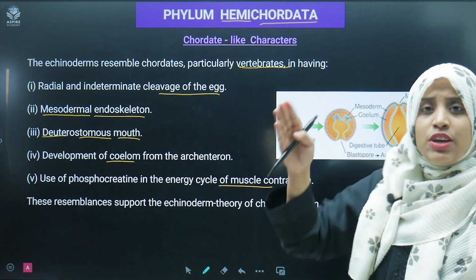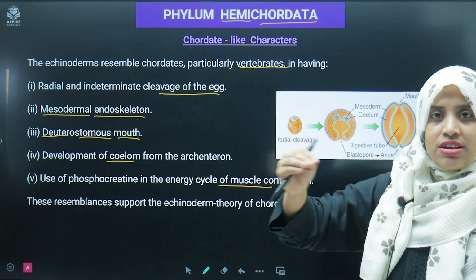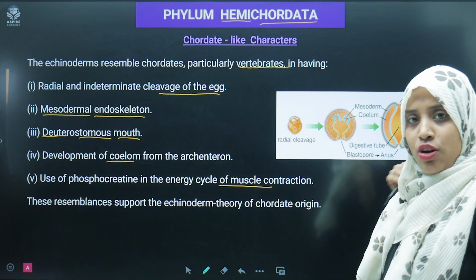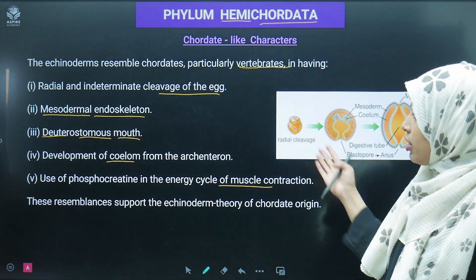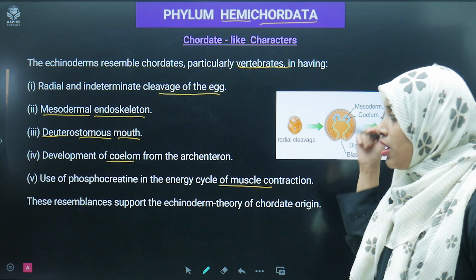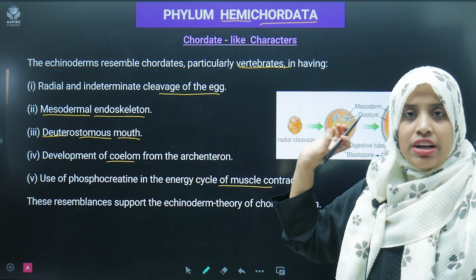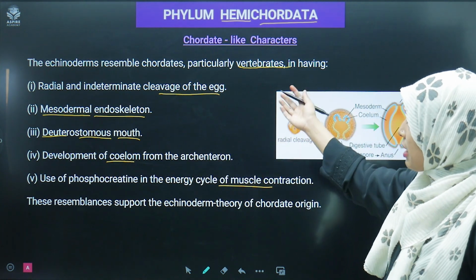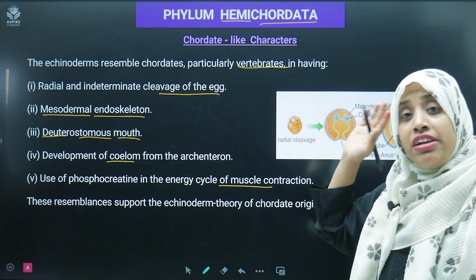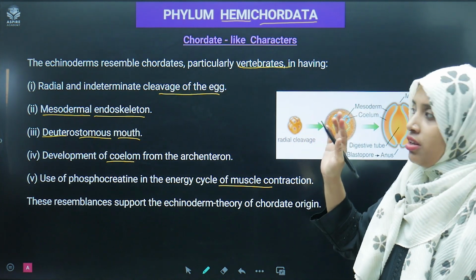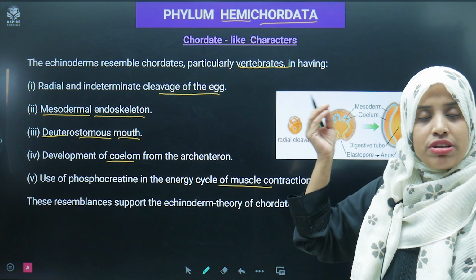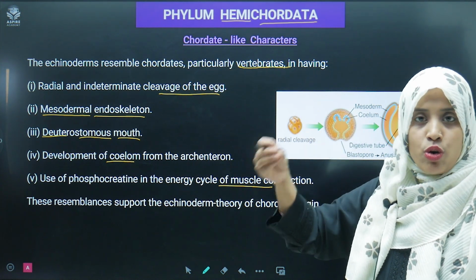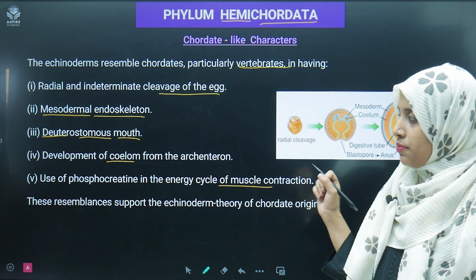We have already seen the sequence: phylum Porifera, Coelenterata, so in that way Cnidaria and all the different phyla go on. The last one is the phylum Echinodermata. Just after this comes Hemichordata and then finally the chordates. In chordates also we will see urochordates, cephalochordates and then the vertebrates.